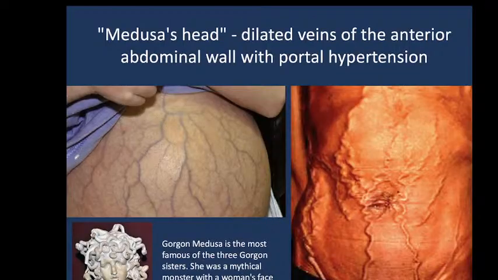As a result, we could see enlarged veins on the abdominal surface, and we call it Medusa's head, because Gorgon Medusa has snakes instead of hair, and it looks like a snake, like Gorgon Medusa's head on the abdominal wall.